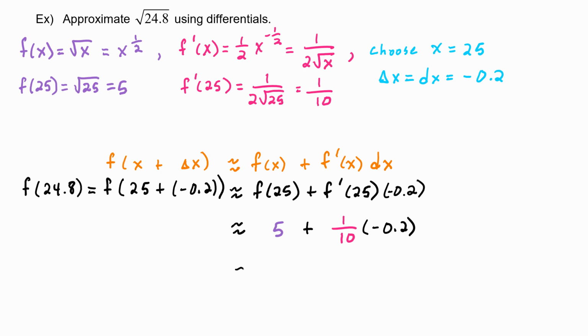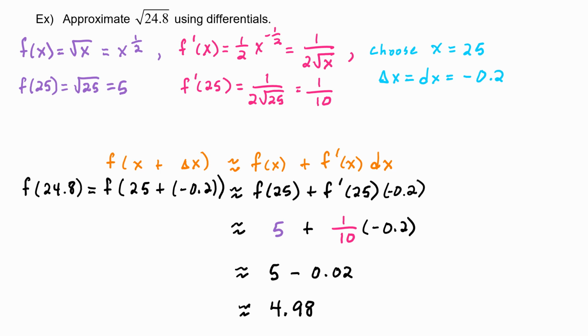Then this will be approximately equal to 5 minus, now we know when we're dividing by 10, that means we have to move the decimal place to the left, so this is 0.02, and we can think of it as $5 minus 2 cents is going to be $4.98.